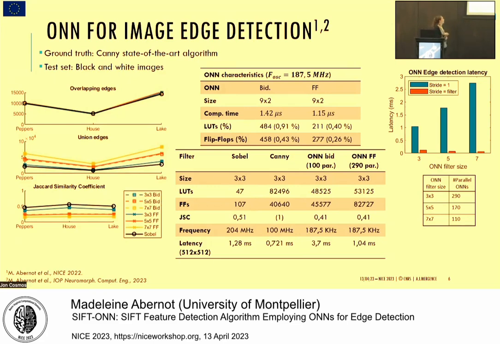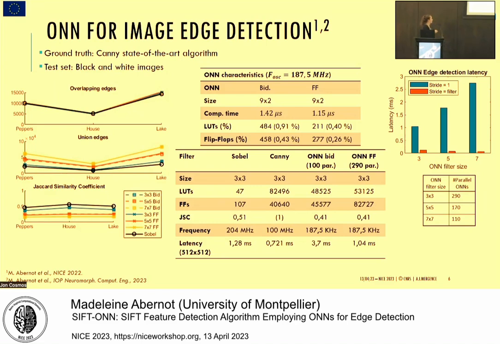It also requires more resources. So if we want to implement a chip for image edge detection, we need to use more than one ONN, but we can implement fewer in parallel than with the feed-forward. And so it takes more time to compute if we consider a chip for image edge detection.